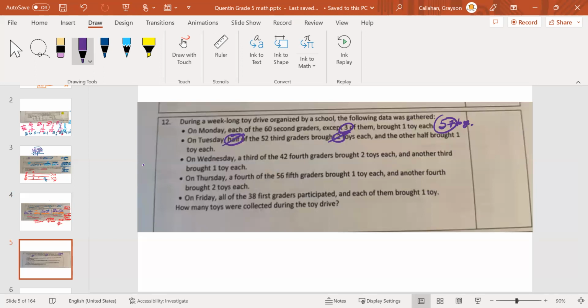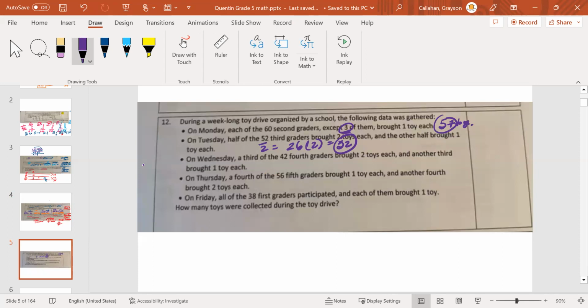Okay, fine. Half of 52. What's 52 divided by 2? Just divide it on your paper. Okay, double it because you have 2 toys each.